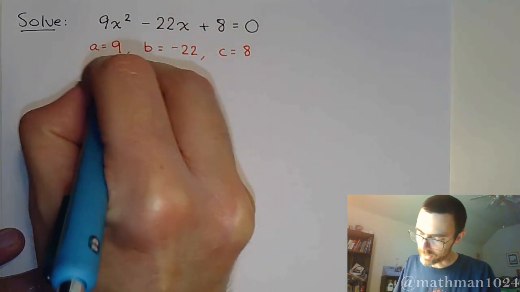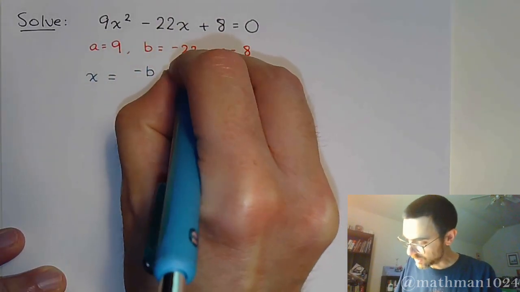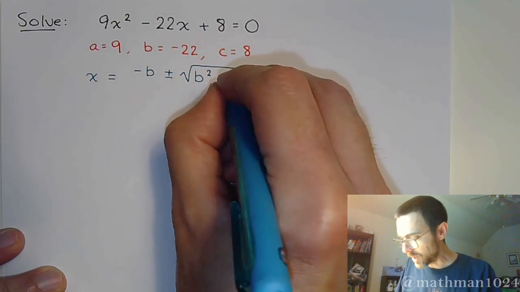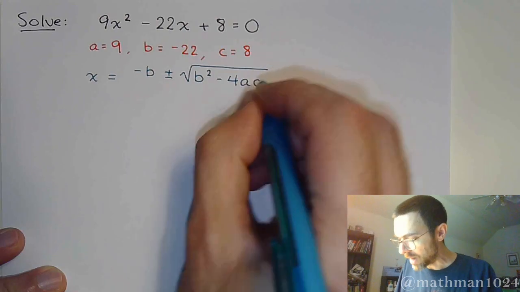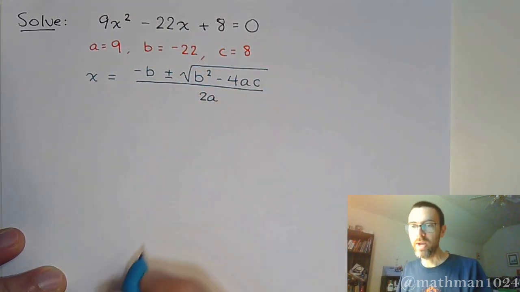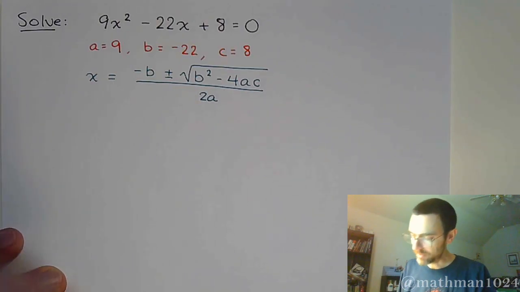Again, the quadratic formula says x equals negative b plus or minus the square root of b squared minus 4ac all over 2a. All right, plug in what we have.